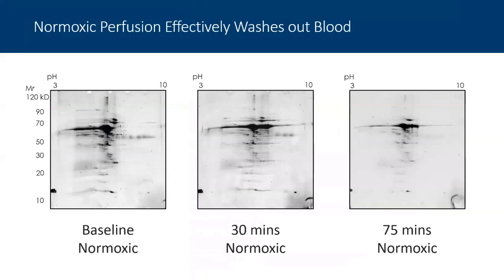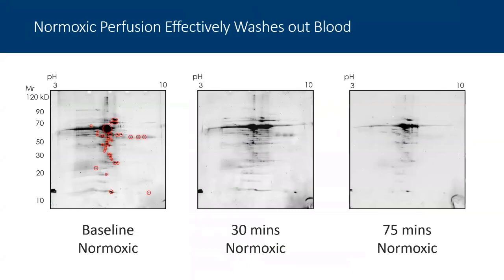What I want to show you here is a two-dimensional gel image, and you can see up the top here that we're separating our proteins on the basis of their pH and also their molecular weight. This is perfusate that's been collected from the heart.